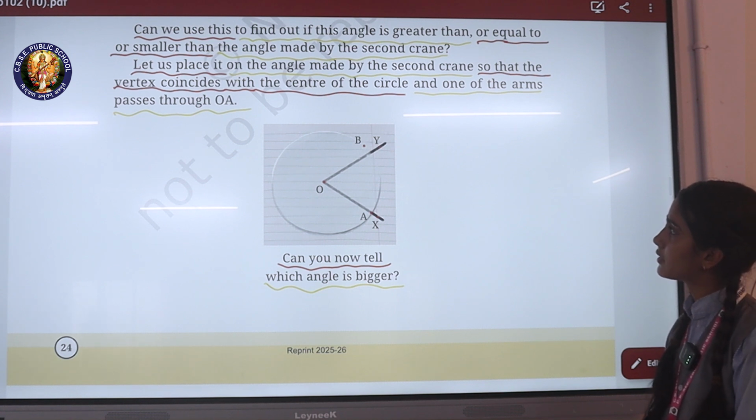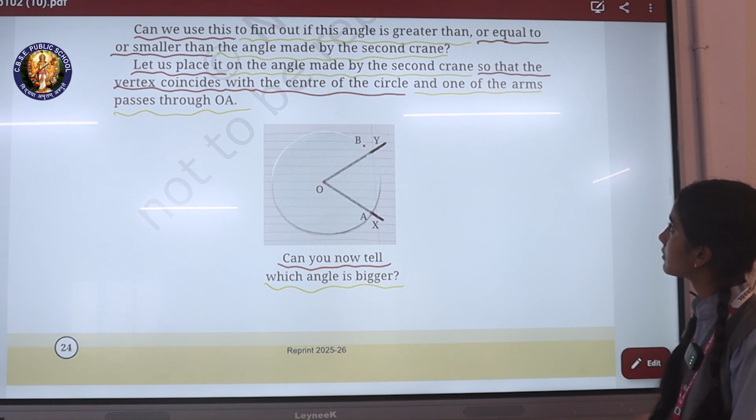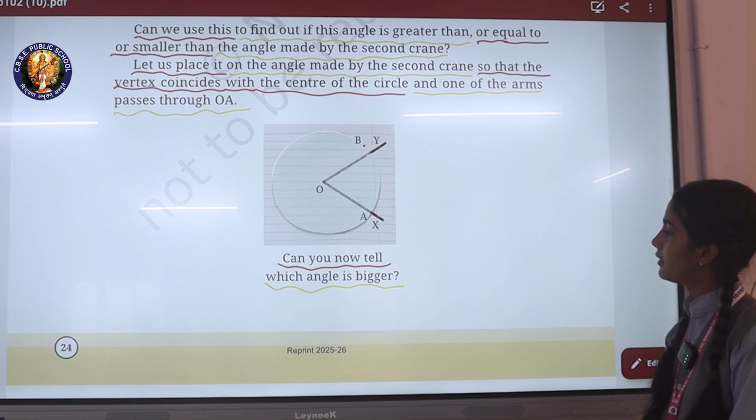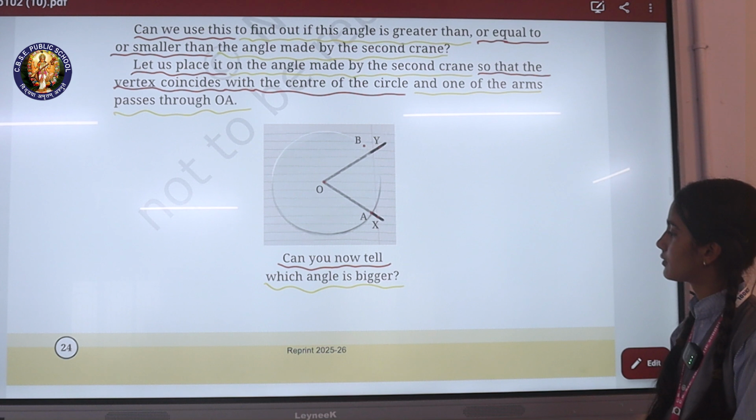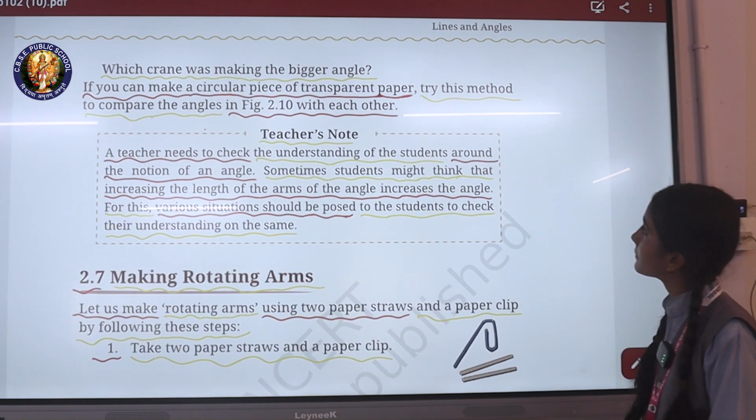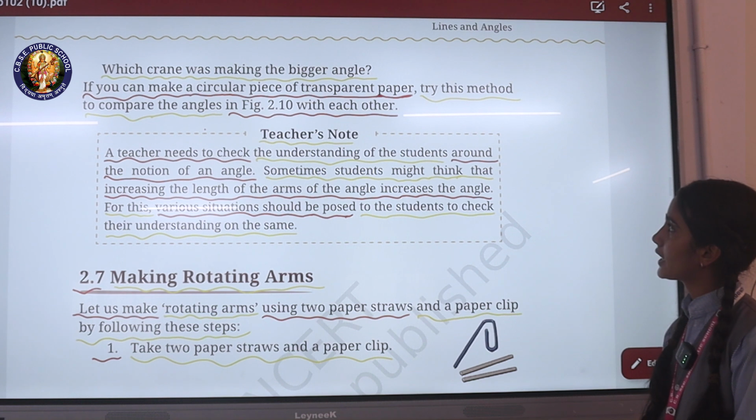Let us place it on the angle made by the second crane so that the vertex coincides with the center of the circle, and one of the arms passes through OA. Can you now tell which angle is bigger? Which crane was making the bigger angle?